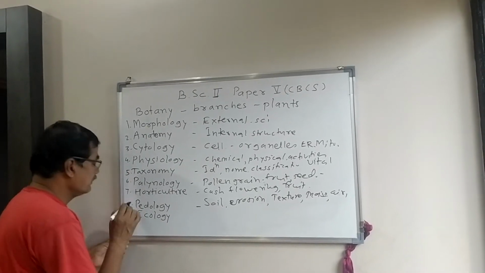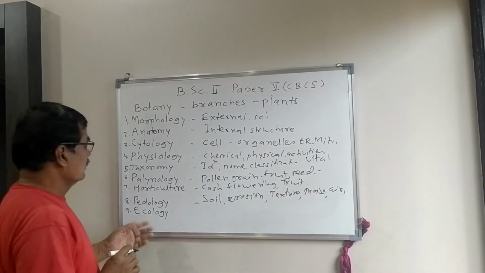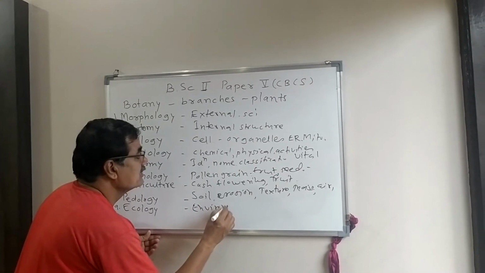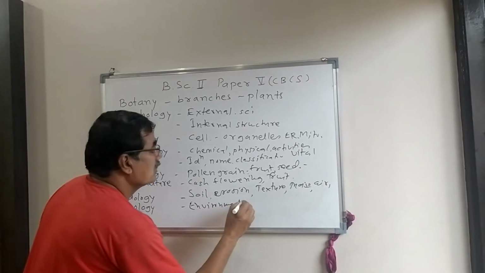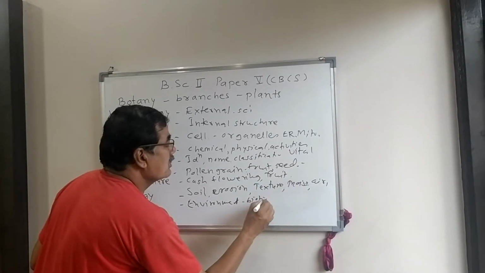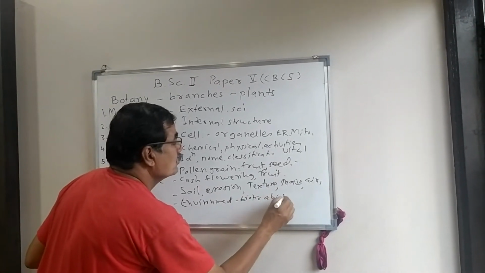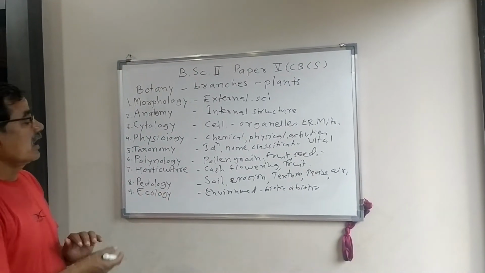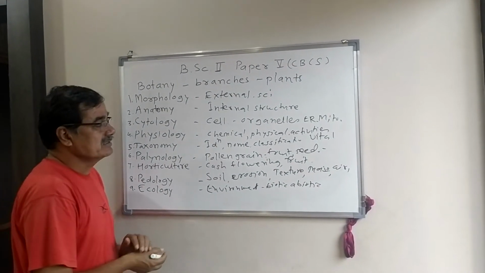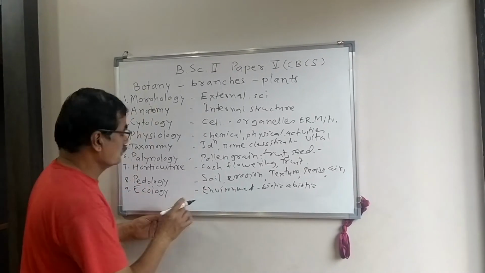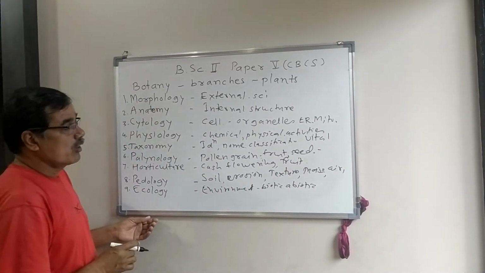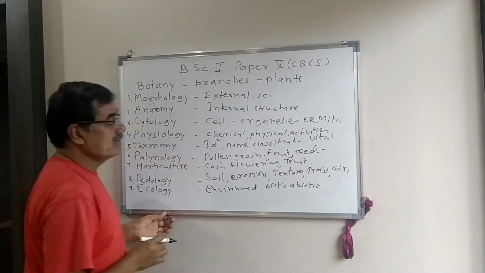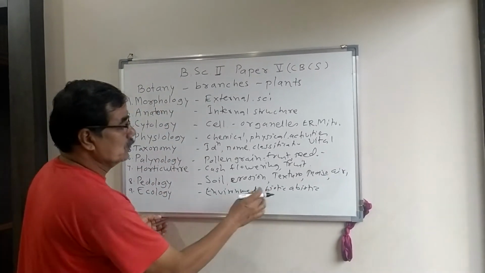Ecology, plant ecology, is also very much important. It is related to environmental conditions, and along with this the biotic and abiotic components which are interrelated with each other. Eco means house, logos means science, house of science. Here the biotic means the living organisms: plants, animals, human beings.